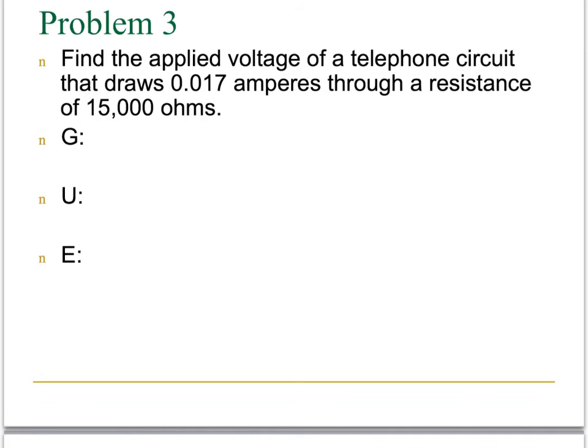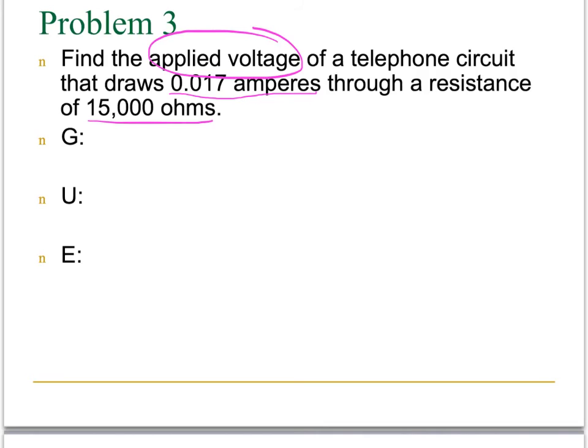Problem number 3. Find the applied voltage of a telephone circuit that draws 0.017 amperes through a resistance of 15,000 ohms.